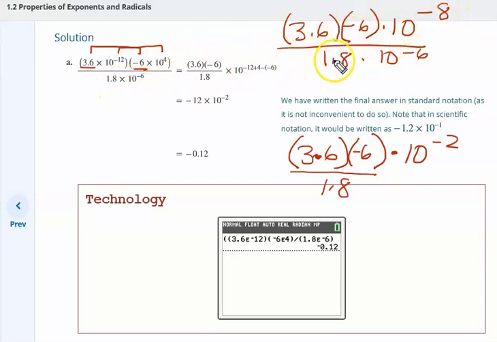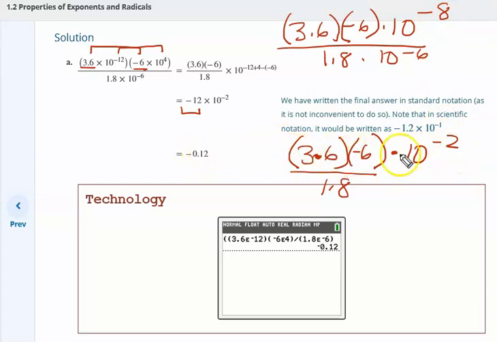Now the bottom line I just left the same. Now we're going to do this calculation. 3.6 times a negative 6. This gives me a negative value. Divided by 1.8. That's going to give me eventually a negative 12. And then when I bring my negative 6 up, it now becomes a positive 6 that I'm going to subtract 8 from, leaves me with a negative 2.